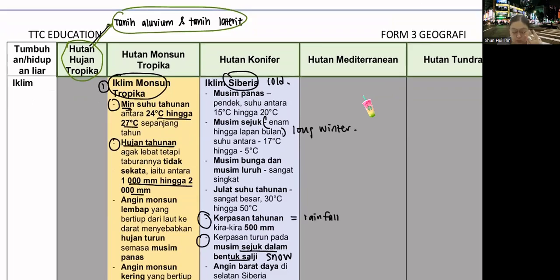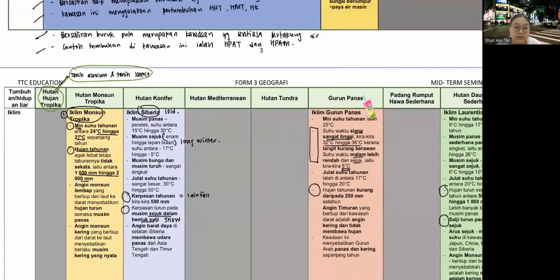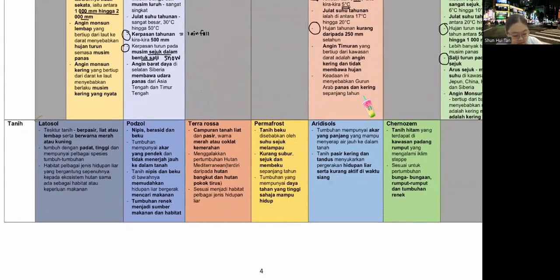Okay, if it is hutan monsoon tropika, they ask you about monsoon tropika, then you answer latosol. Okay, why? It's because normally hutan hujan tropika will be less shown. I mean, they have fewer questions on hutan hujan tropika. They will normally put it with chapter 4.